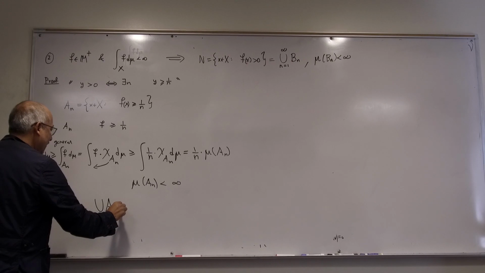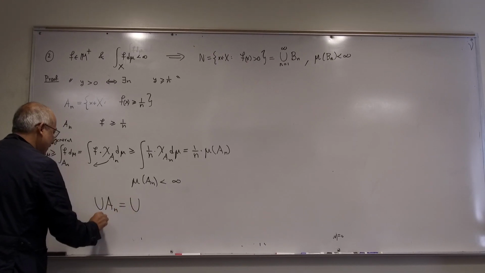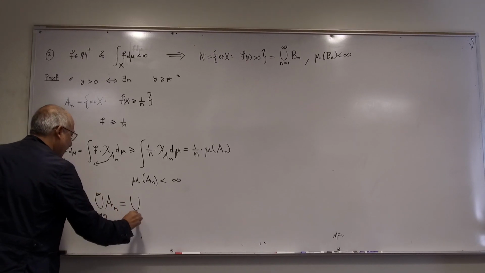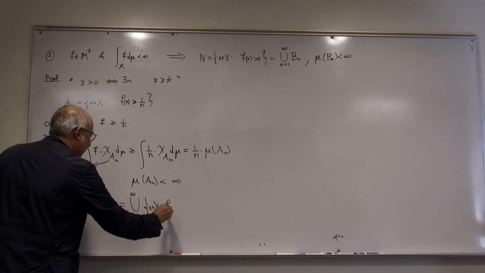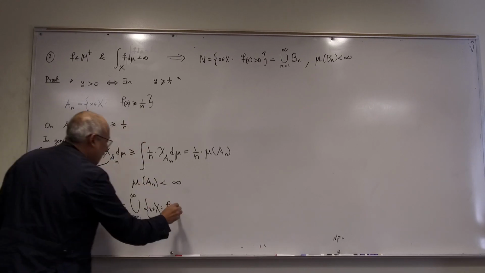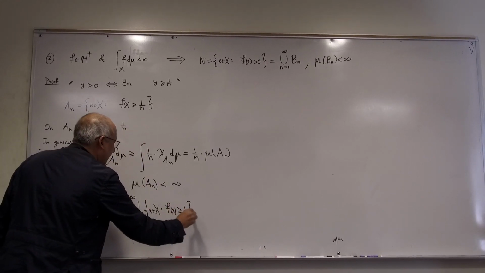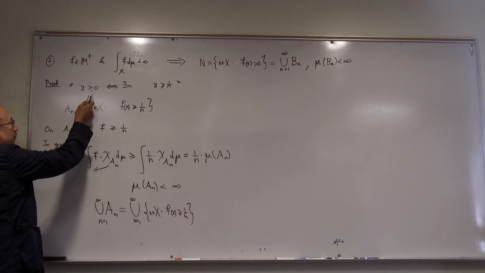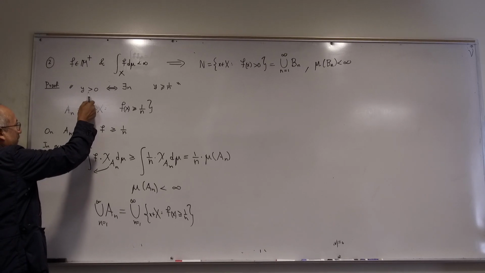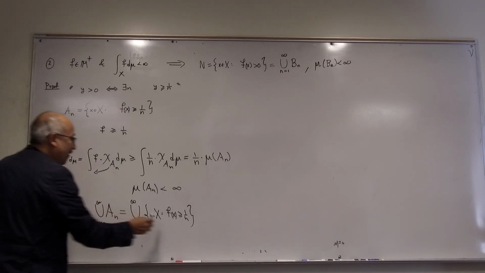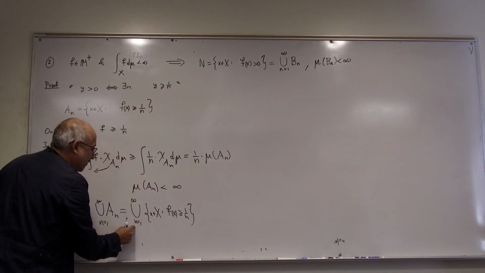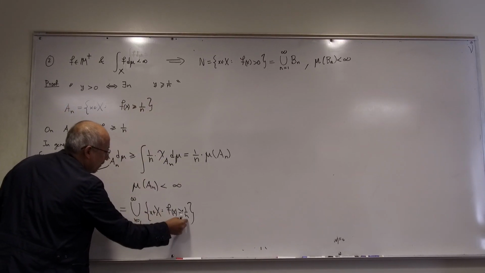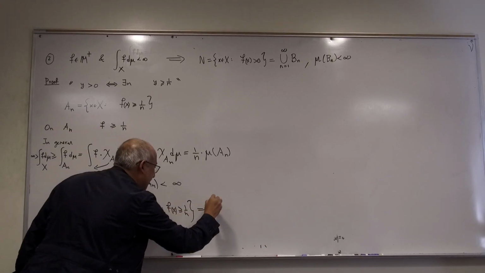What do you think, guys? Let's write it nicely. This is the x such that f of x is greater than or equal to n. So by this fact that you agreed at the beginning and you swore on your life is true, there exists an n such that y is greater than or equal to 1 over n, is the same as the set.